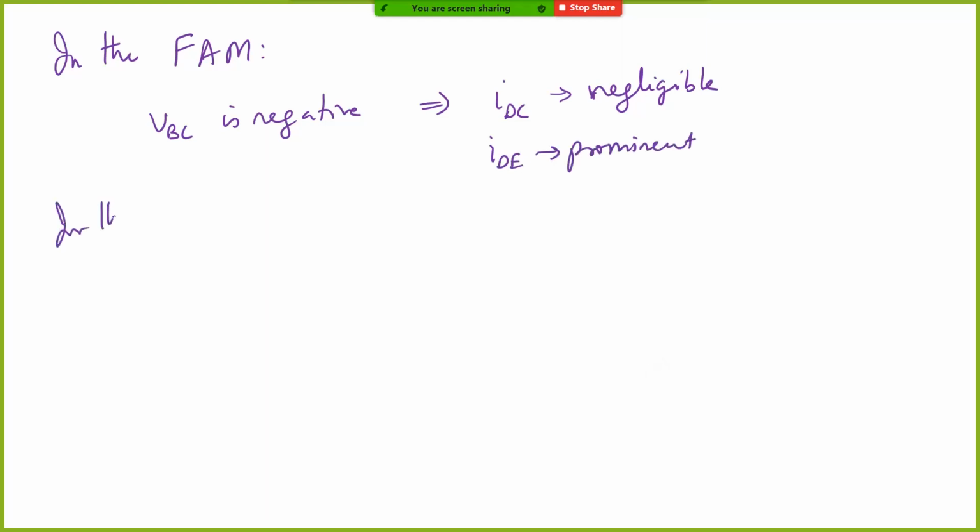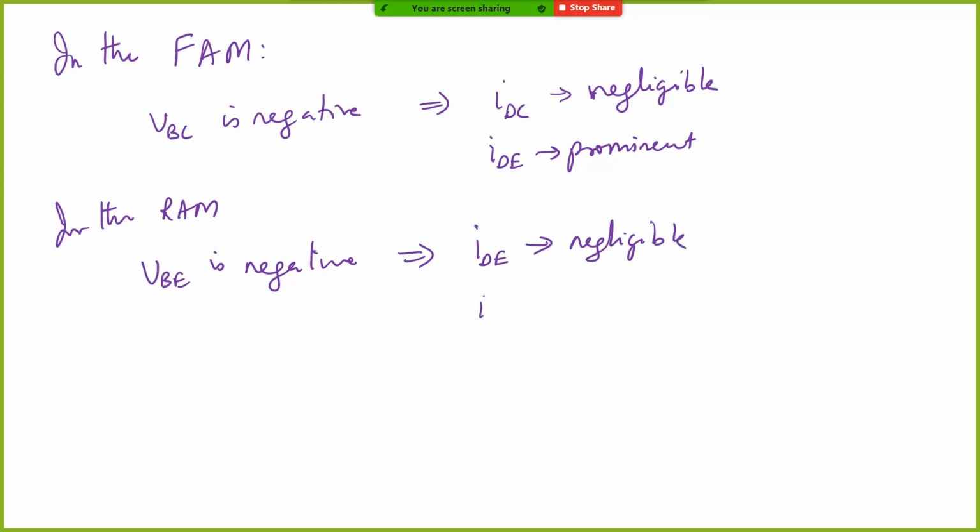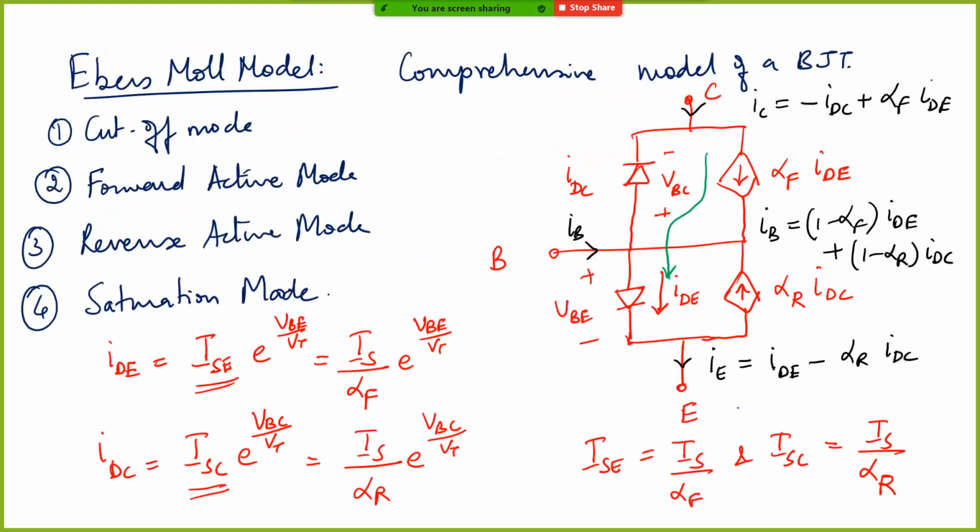In the reverse active mode, VBE is negative, which will give rise to IDE being negligible and IDC being prominent. So this model can take care of all the modes. We still haven't talked about saturation mode. Let me take that in the next class.